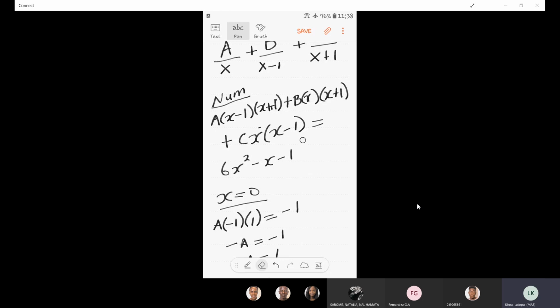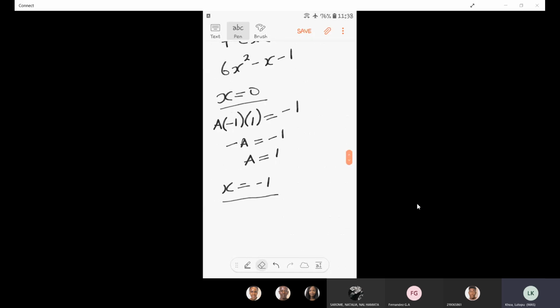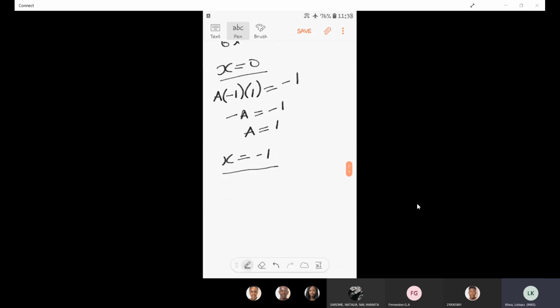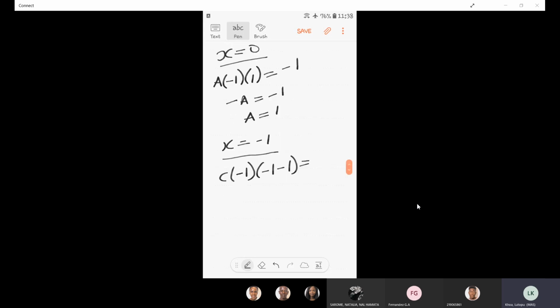The only term on the left-hand side left is the one with c. So I write that down. So the term with c, I have c, and then x, this is minus 1, and then I have minus 1, minus 1, and then on the right-hand side I do the same thing.